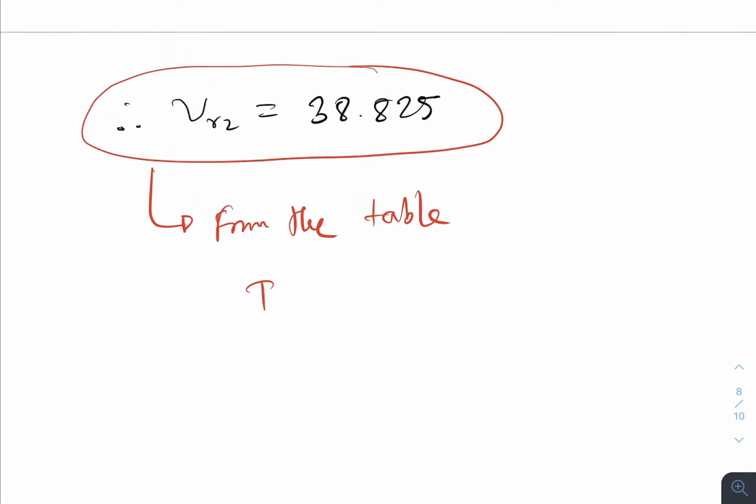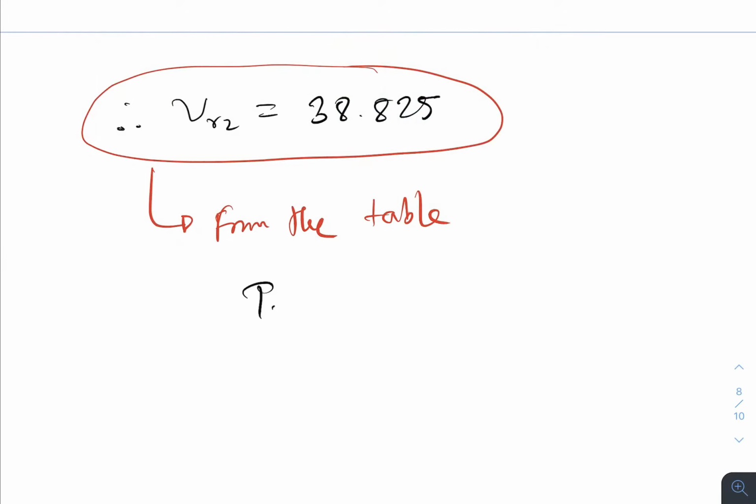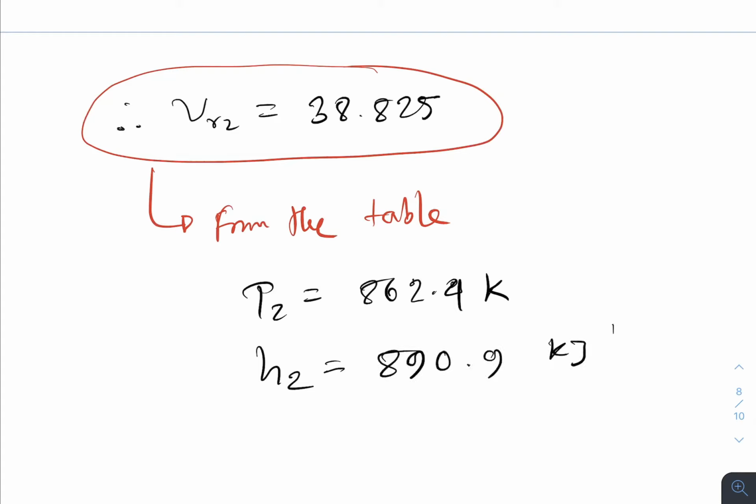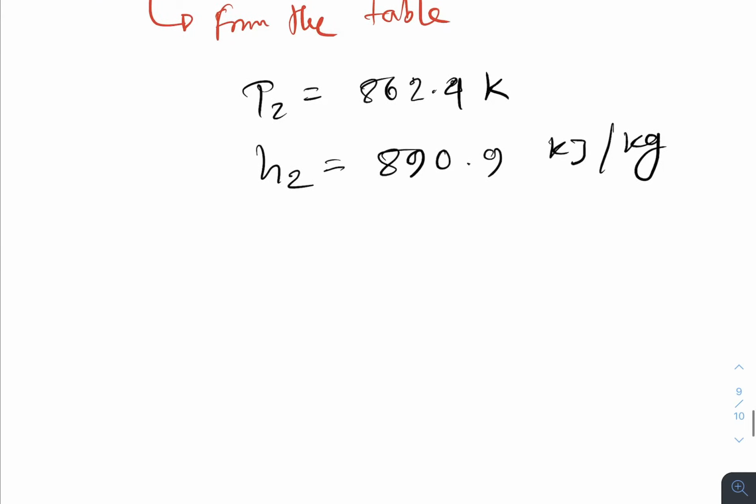I recorded that already: T2 equals 862.4 Kelvin, and h2 equals 890.9 kilojoule per kg. So I have this information right now.